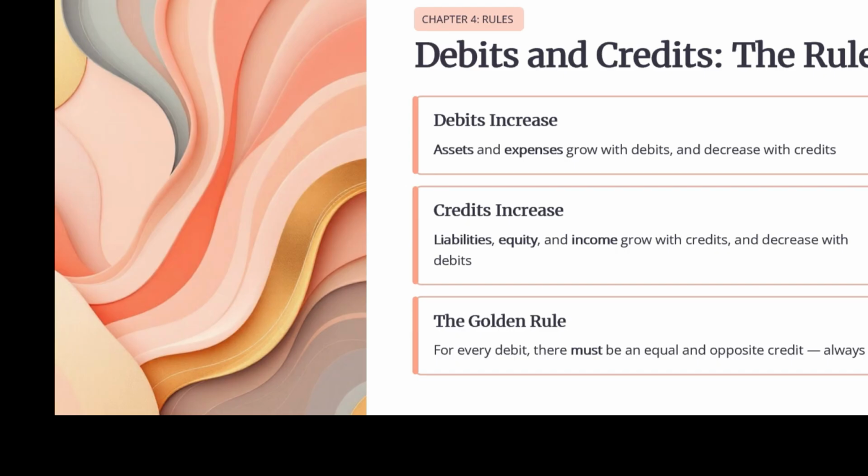Liability, equity, and income increase with credits. The golden rule is simple: every debit must have an equal credit. Think of debits and credits as directions, not good or bad.